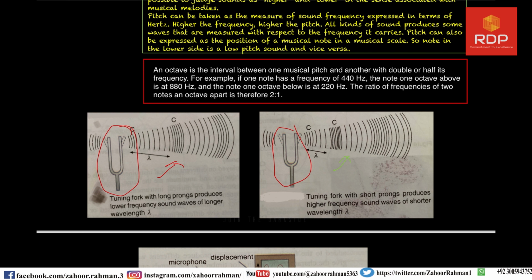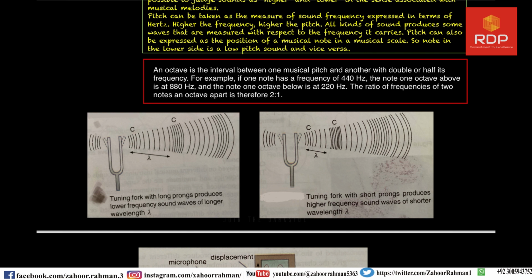On the left side, you can see that the tuning fork with long prongs produces lower frequency sound waves of longer wavelengths, while the tuning fork with short prongs produces higher frequency sound waves of shorter wavelength.